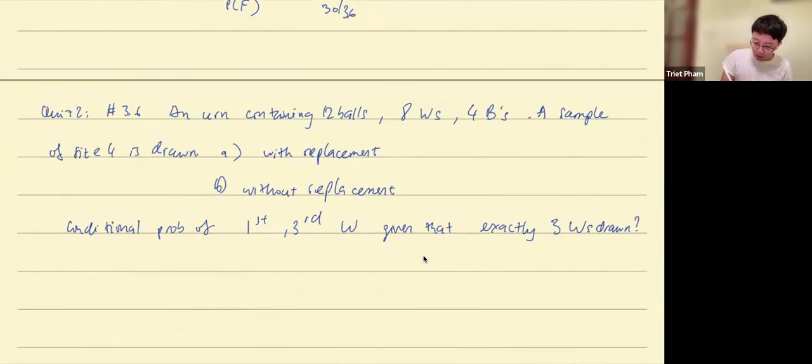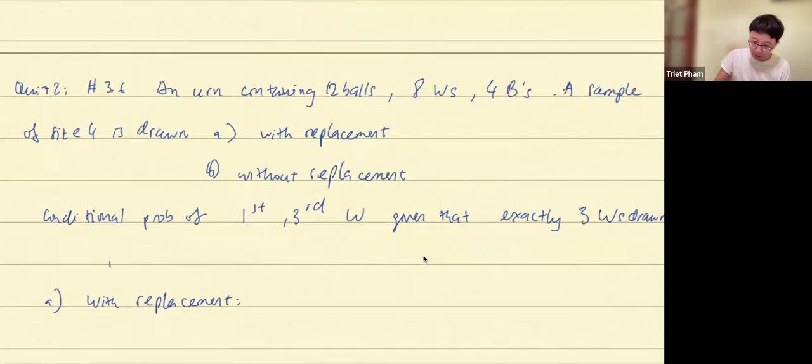So let's start with A, with replacement, meaning that you draw the ball and you put it back in. So let E be the event that the first and the third drawn are white.